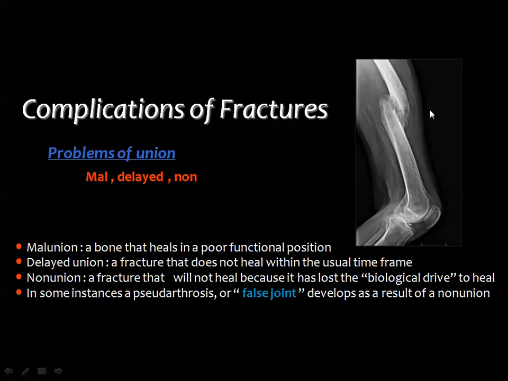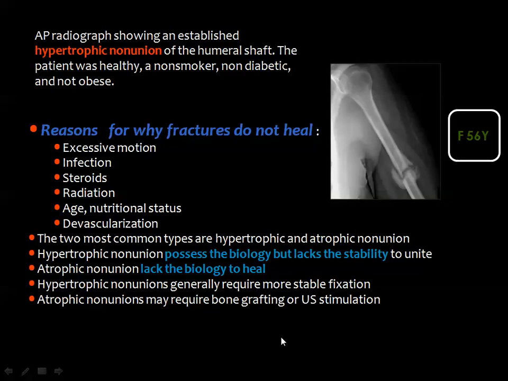If you look here, you see an example of a malunited fracture. This fracture involves the femoral shaft. There is overlapping of the fracture edges, and there is complete union with callus formation, but in a malposition.